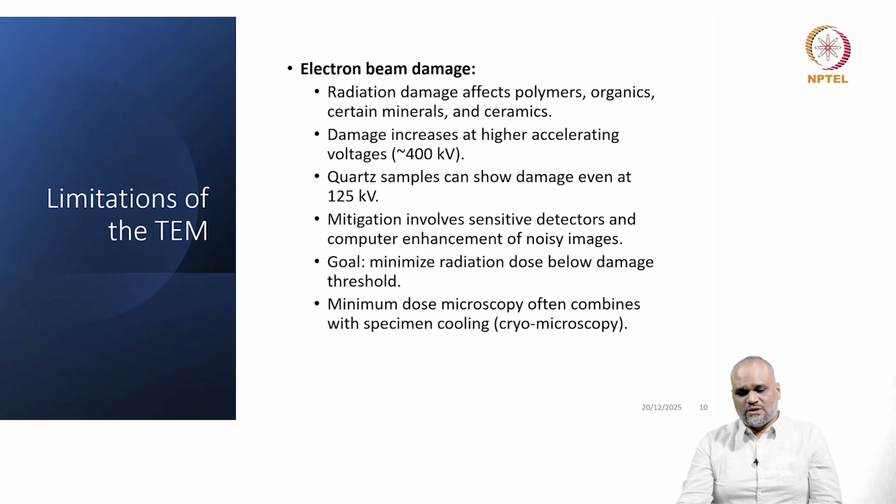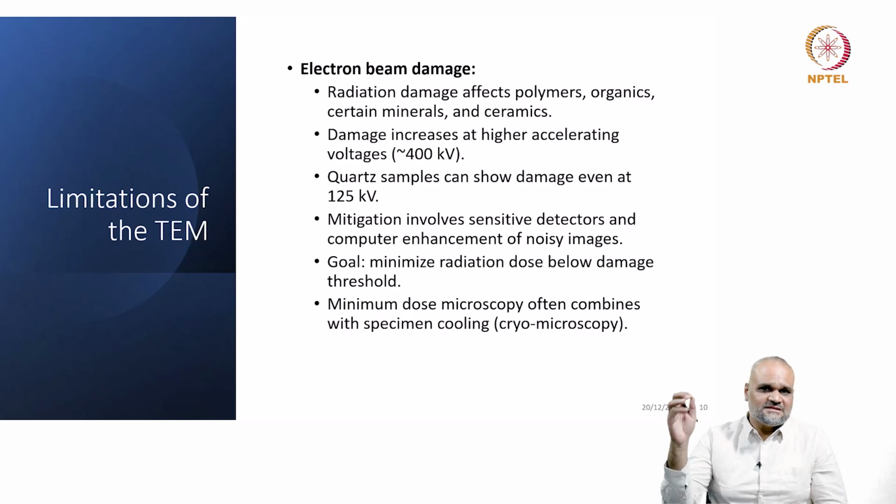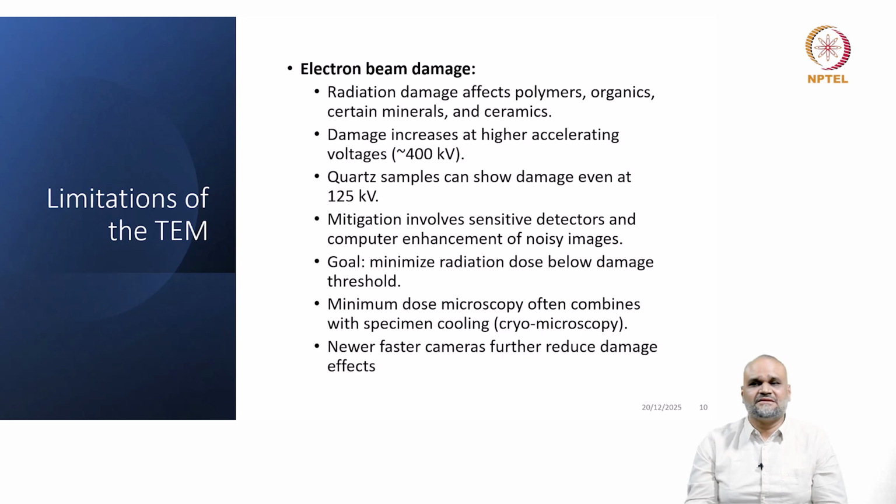There are newer instruments with faster cameras and faster detection systems. So if I can record an image before the damage happens, I still get some meaningful information. There are a combination of various techniques that you can use to minimize electron beam damage and get meaningful information.